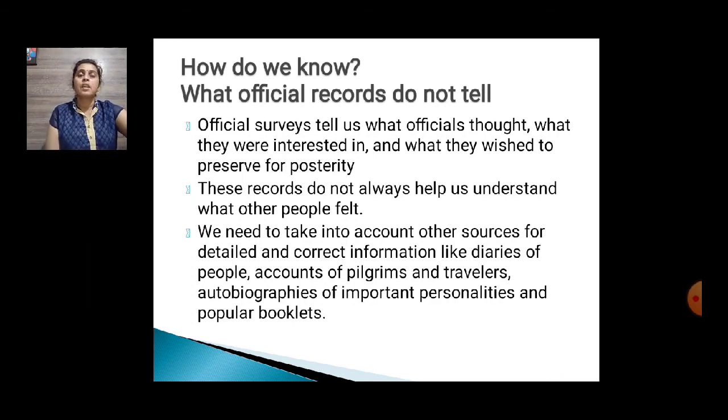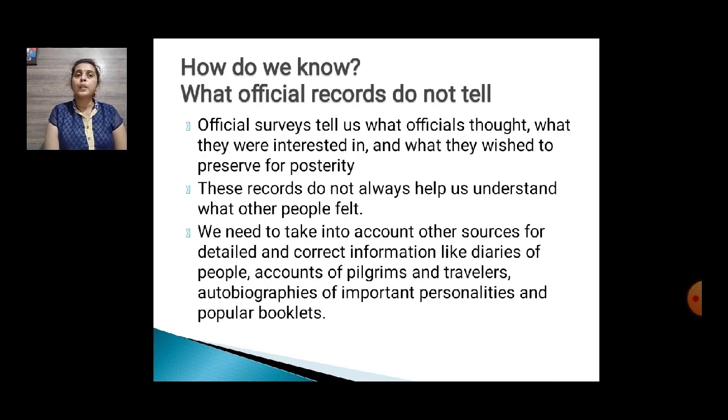Official surveys tell us about the officials' thoughts, what they were interested in, and what they wished to preserve for posterity. ये जो सोचते हैं वही होगा, जो नहीं सोचते वो उसमें होगा ही नहीं. These records do not always help us understand what other people felt. So it is only one-sided, and the negative point is not included.